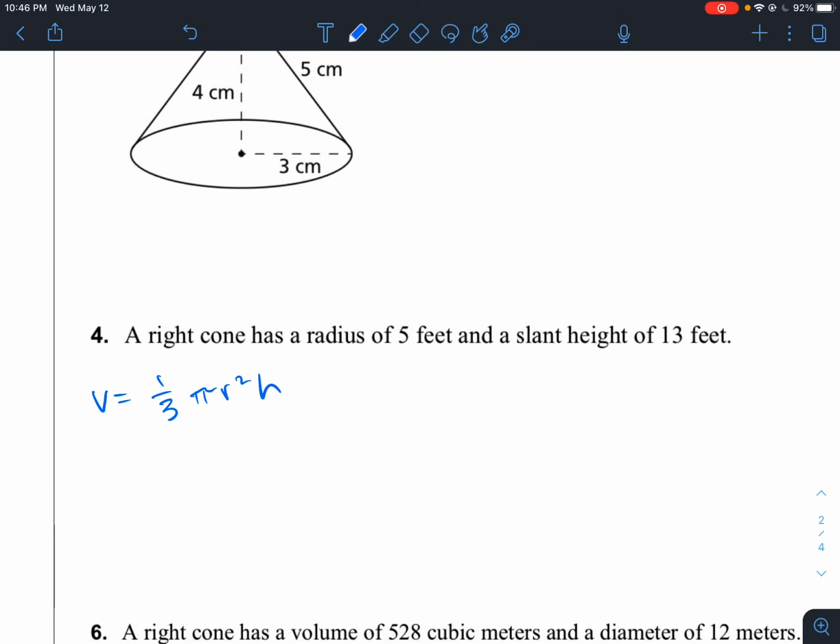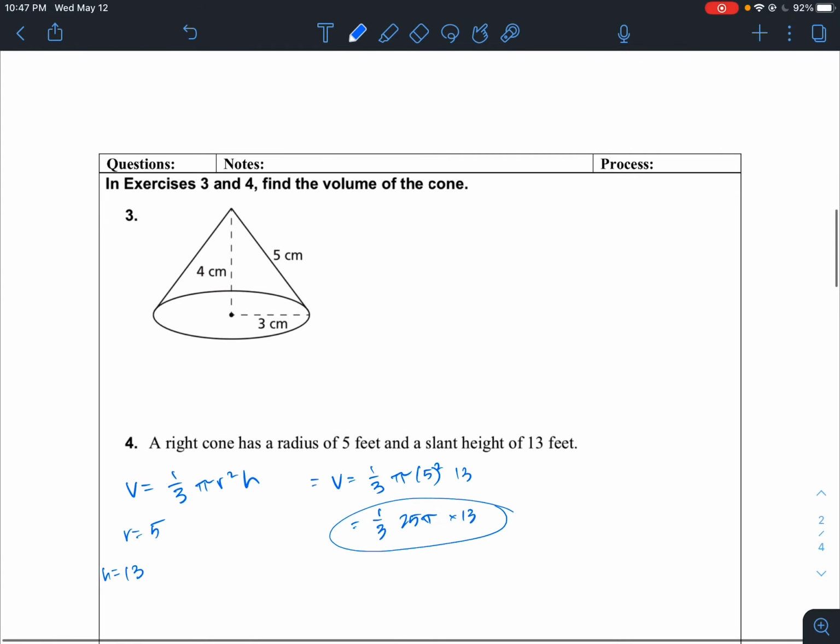In this case, r is equal to 5 and the height is 13 feet. So you get the volume is equal to 1/3 times pi times 5 squared times 13. So that's equal to 1/3 times 25 pi times 13. Plug that in, and you should get your answer.